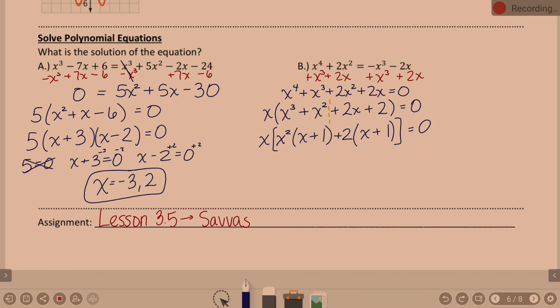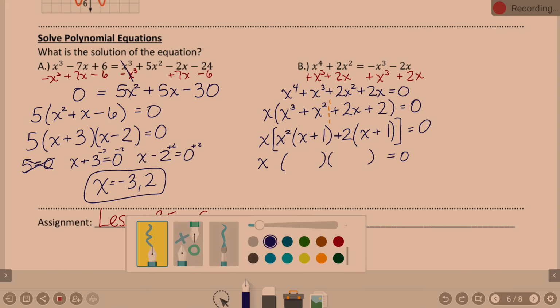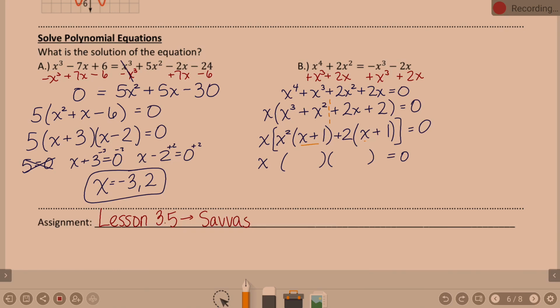Okay. We have one more step as we write this in factored form. Now, what's out front? X. This right here is going to go into 2 parentheses. One of those parentheses is the matching x plus 1s. Now, here's a reminder. If they don't match, you made a mistake.